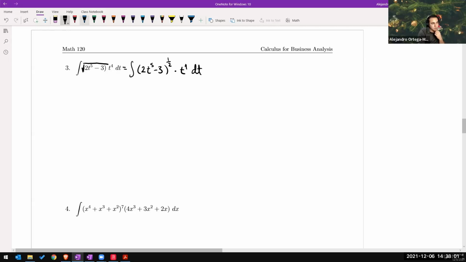Okay. So I do see an inside function is going to be our u. So I'll get here u is equal to 2t to the 5th minus 3. The du is going to be 10t to the 4th dt.